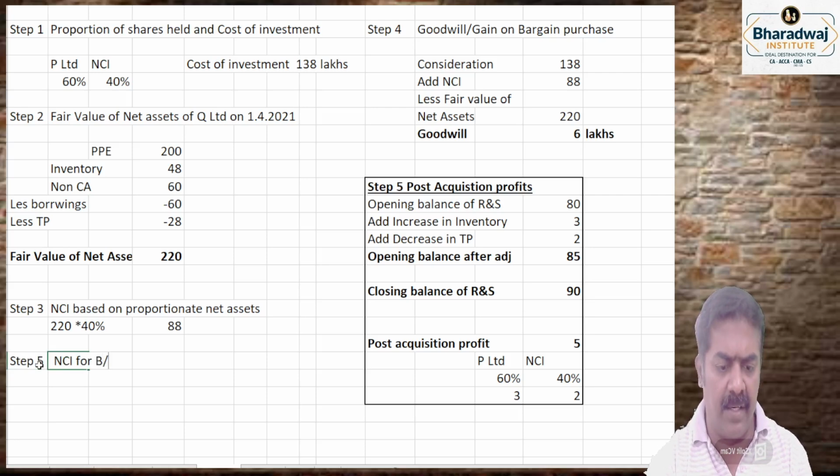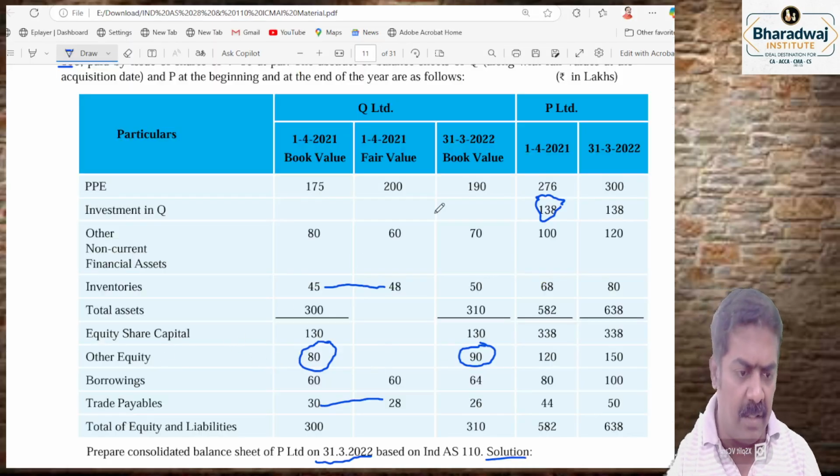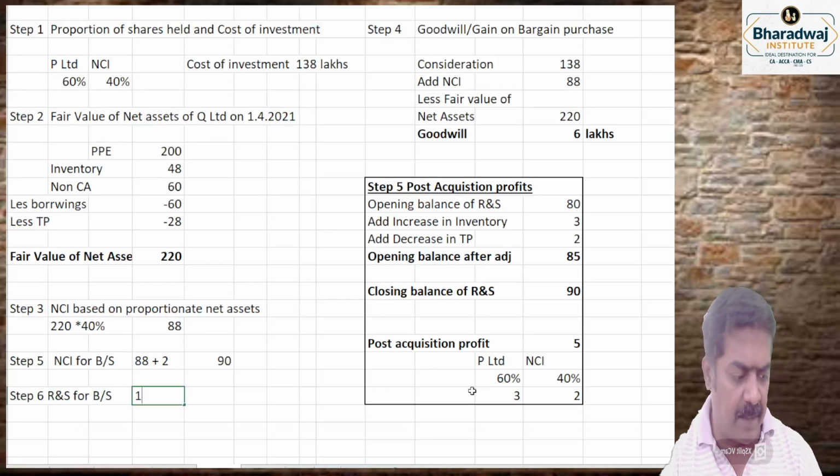NCI for the balance sheet will be 88 plus 2. How much will it be? 90. Step 6. Reserves and surplus for the balance sheet. P Limited's reserves and surplus, how much is there? 150 at the end of the year. 150 plus post acquisition profit 3, 153.